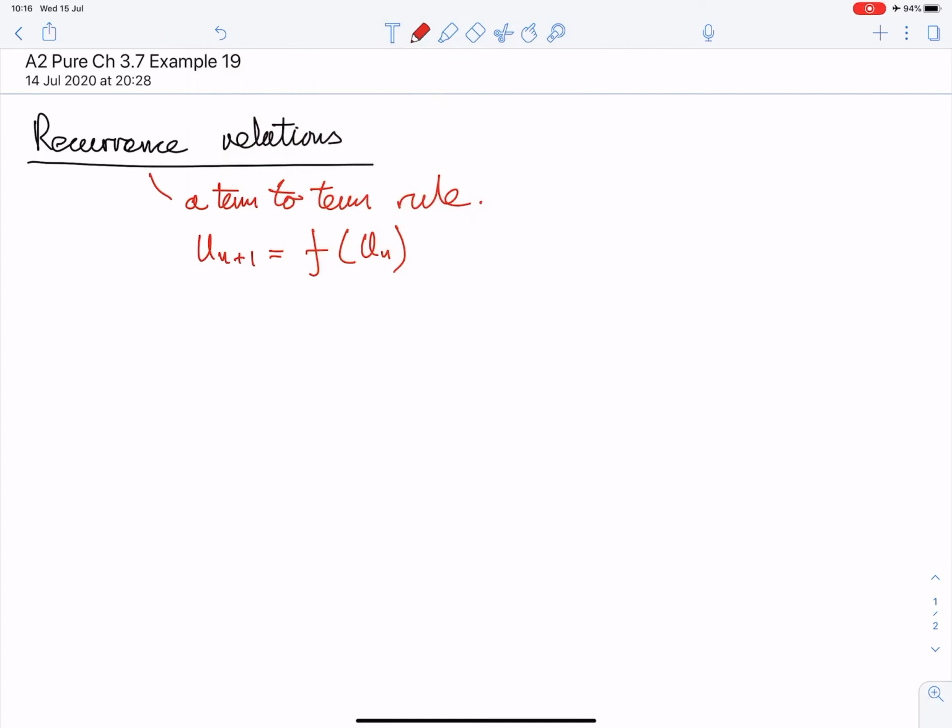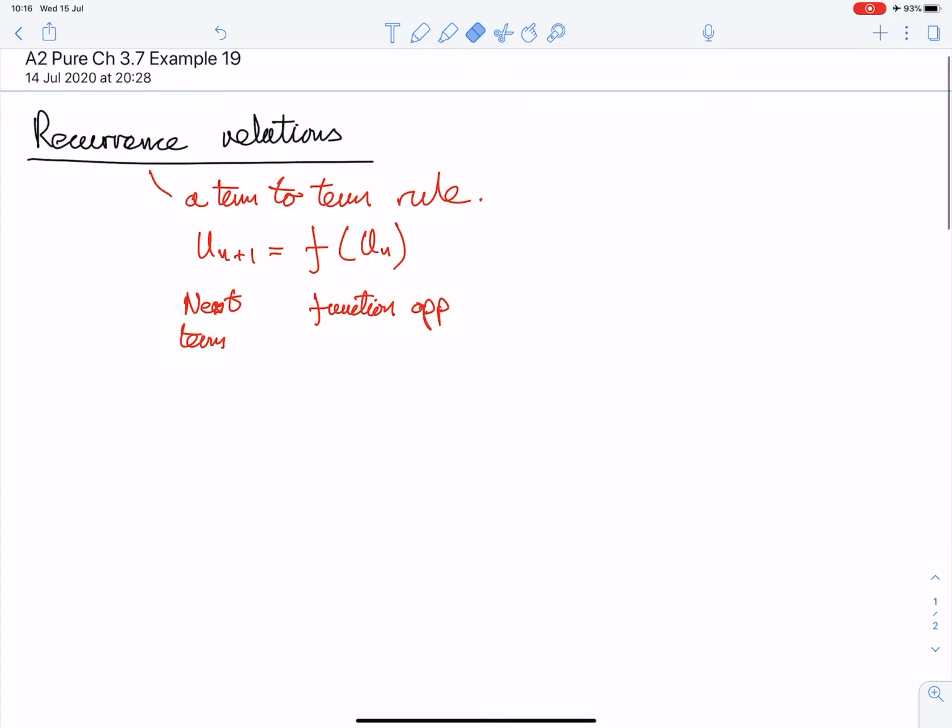So this is the next term is a function operating on the current term.